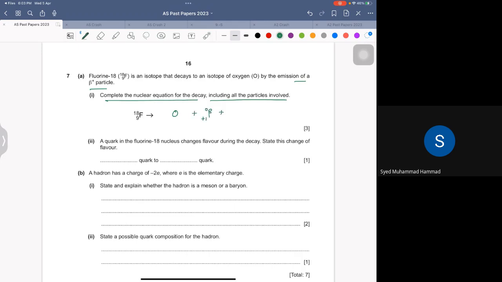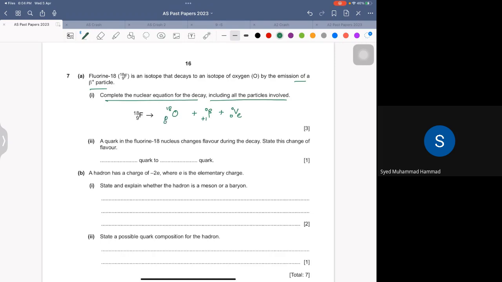And obviously with an anti-lepton, we have to have a lepton released, which is the neutrino. Sorry, normal neutrino. And then this is 0. This will be 18. If you check the mass, this is going to be 18. Check the charge: it is going to be plus 9 equals 2 plus 1 and 0. So it has to be 8 to be the same.